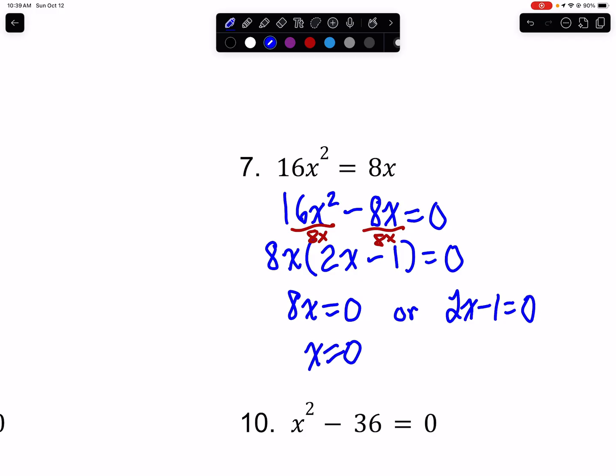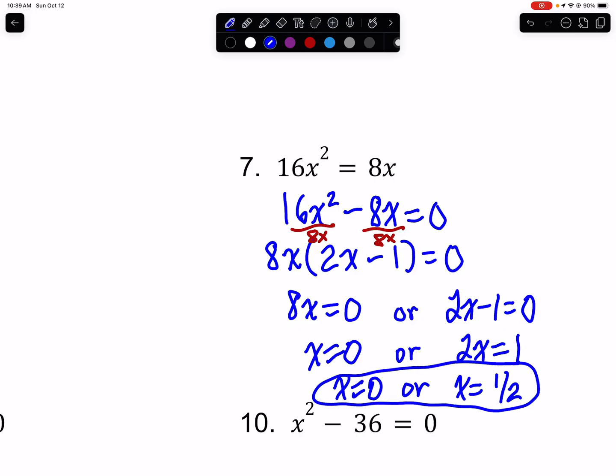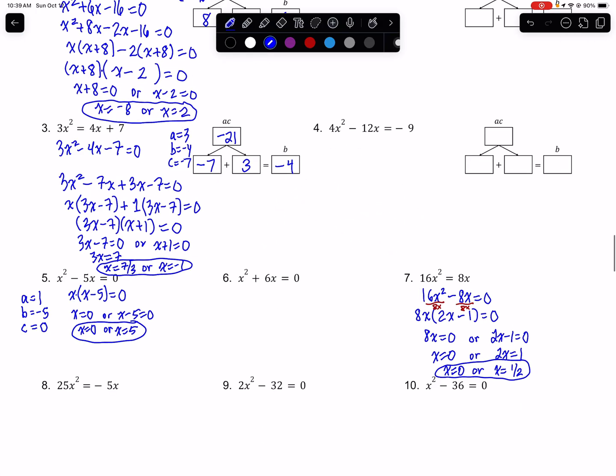So x equals 0 or 2x equals 1, but that's really just x equals 1/2. Okay. And then so that's what you have to do when C is 0.